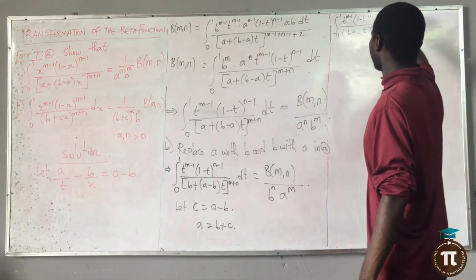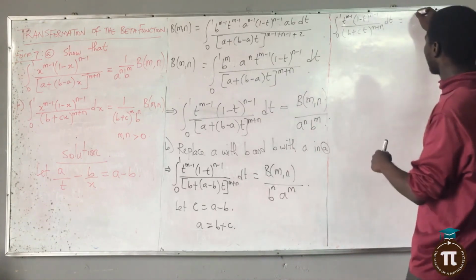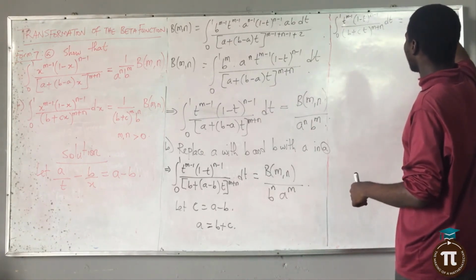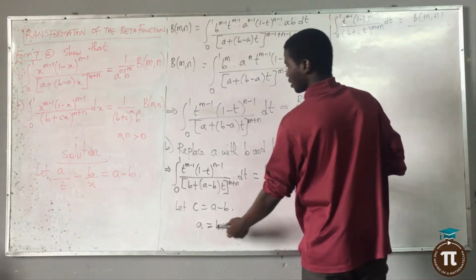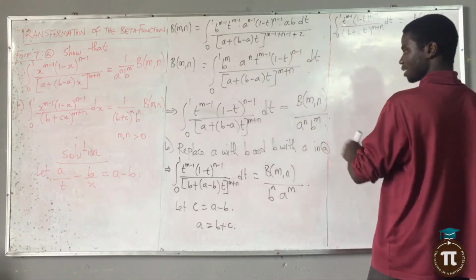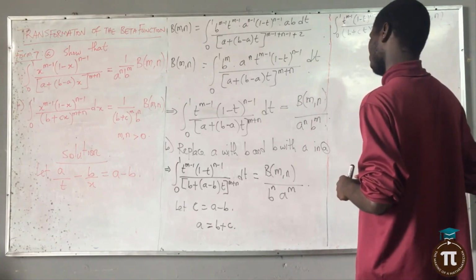The dt is equal to beta of m comma n over a, which is b plus c. So a is b plus c.